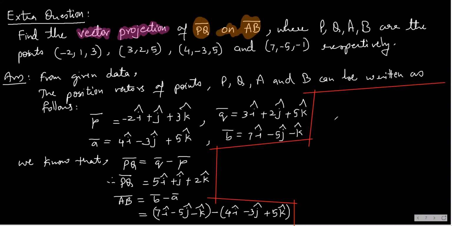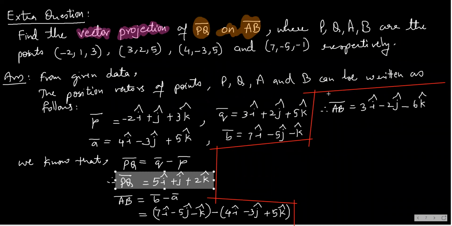Therefore AB bar equals 7i cap minus 4i cap, which is 3i cap, then minus 5j cap plus 3j cap, which is minus 2j cap, and then minus k cap minus 5k cap, which is minus 6k cap. I got PQ bar and I got AB bar.